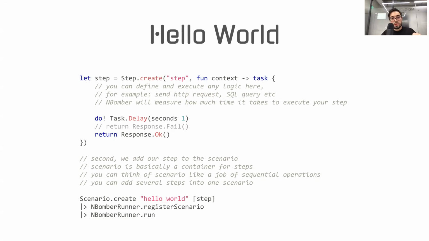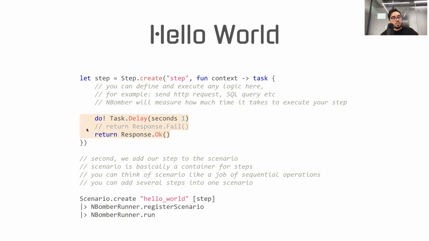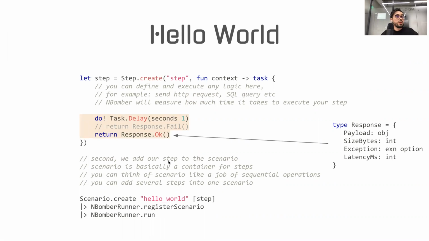It's configurable. You can use a JSON configuration file for this, and specify which scenarios you want to run at this time, and then for another case you can run different scenarios. And then run. So basically I highlighted here, and NBomber is actually measuring the time of this function.